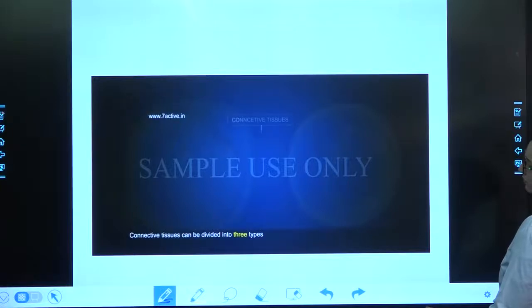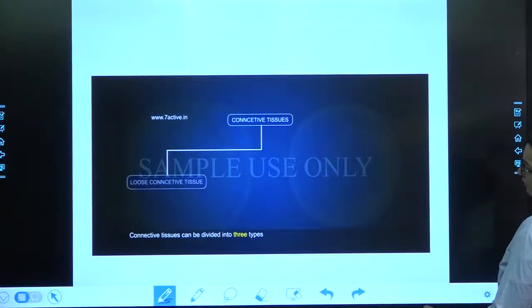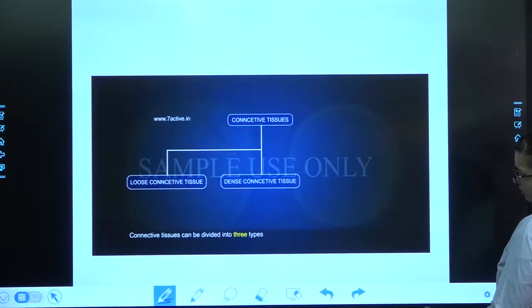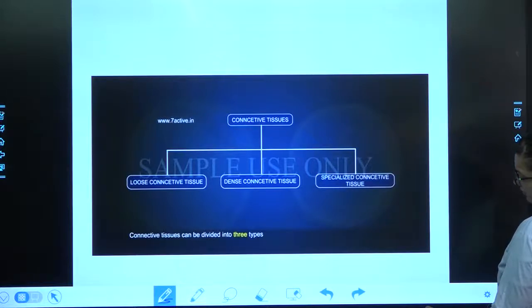Connective tissues can be divided into 3 types. 1. Loose connective tissue. 2. Dense connective tissue. 3. Specialized connective tissue.